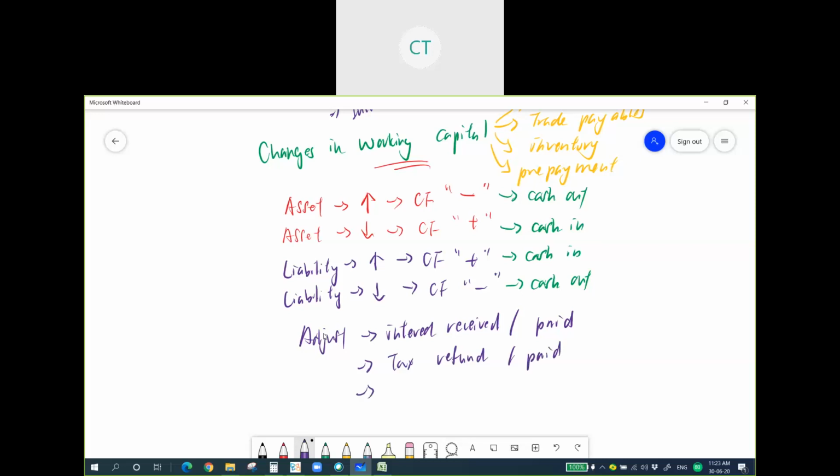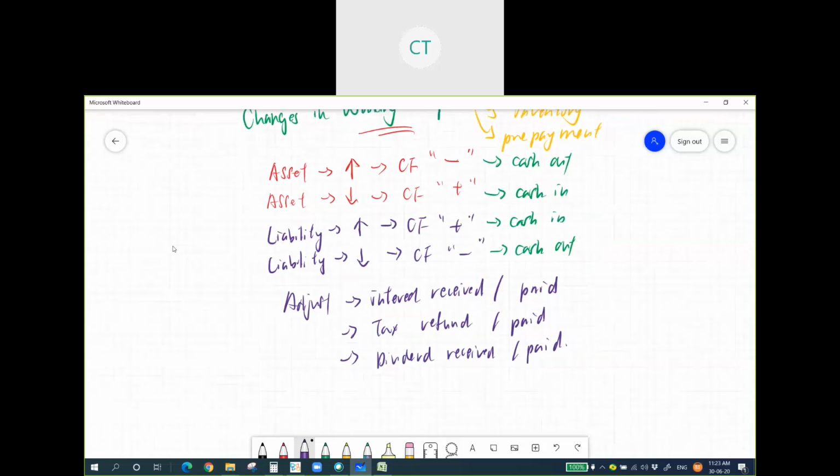And also we have to adjust whether we have a dividend income, dividend received or paid. So after this, we can get cash flow from operating activities.